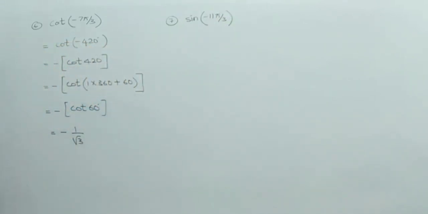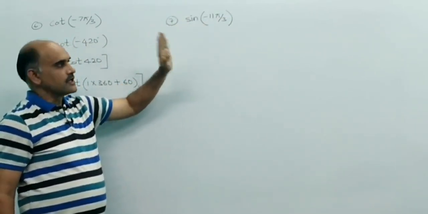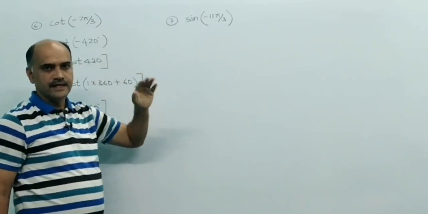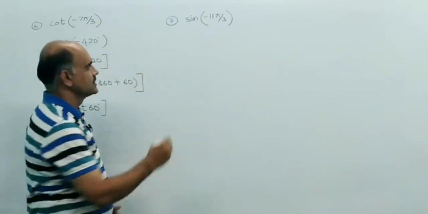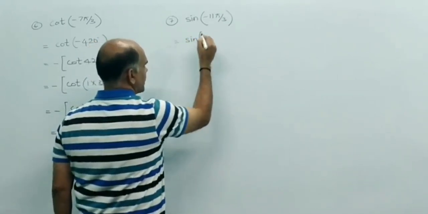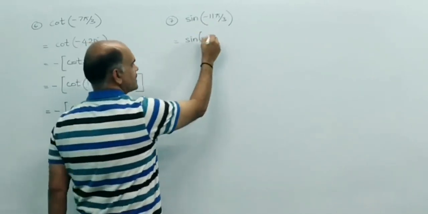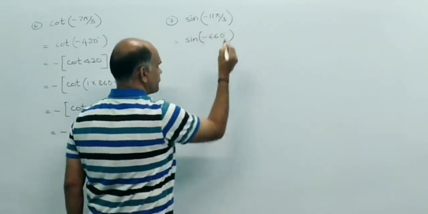Sine of minus 11 pi by 3. Again, you convert this into degrees, then simplify. So this is equal to sine of minus, pi by 3 is 60, 60 into 11 is 660.